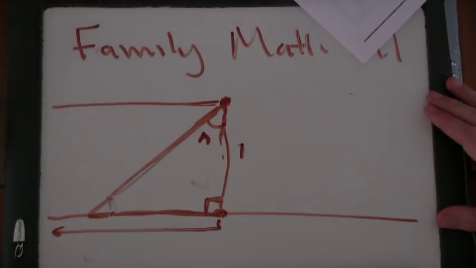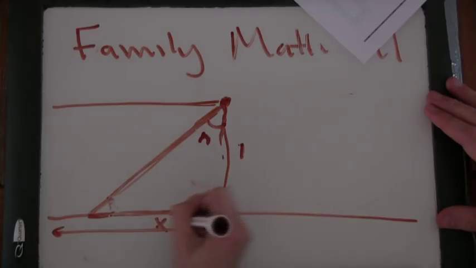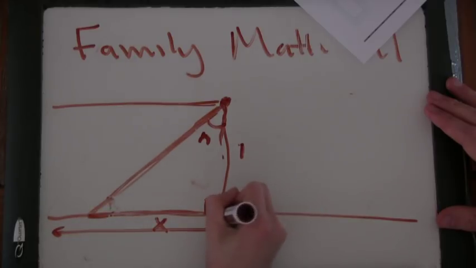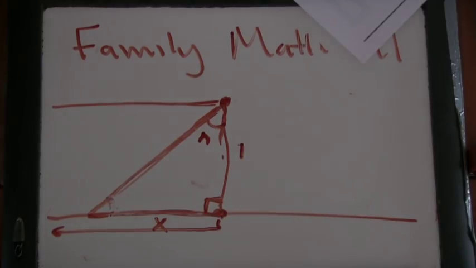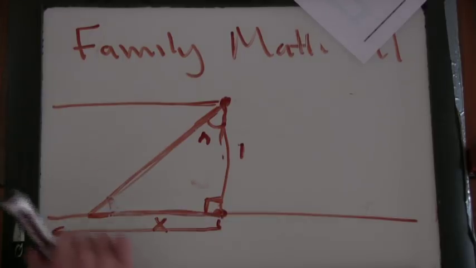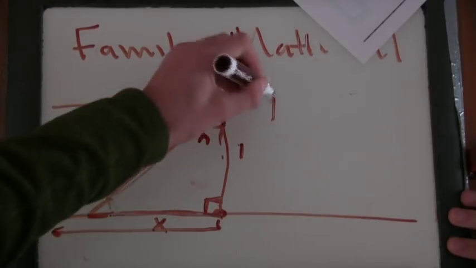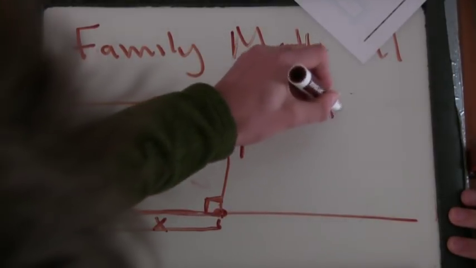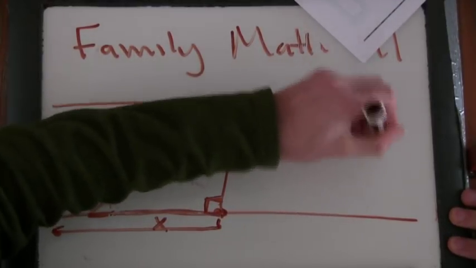And what are we trying to find? Let's make sure we label what we're trying to find. What do you want to call that unknown? X. Okay. So we're trying to find this distance to wherever it lands. Good. Do you know any way to relate N and X here? Yeah, because you can use trigonometry, and you know that tangent of angle N is x over 1.